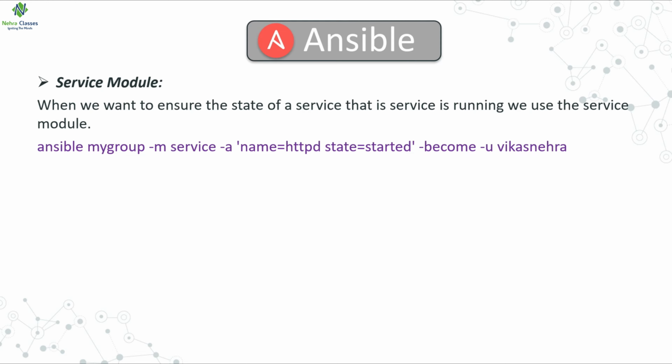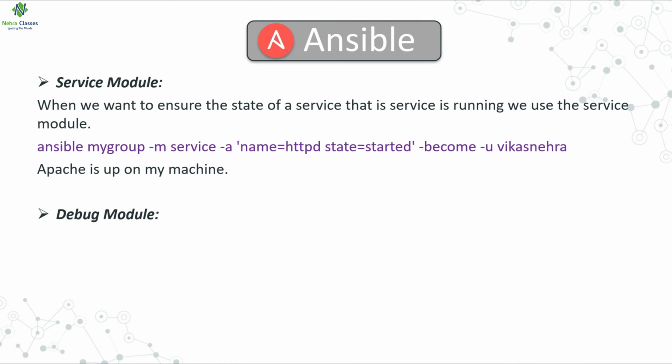There we can mention the name of the service, and in the state field we can write started or stop or status, and after that we can mention option --become, and of course we can use the username there with option -u. This command will show us the status of the Apache on our machine, because we have mentioned started there in the state of the argument.